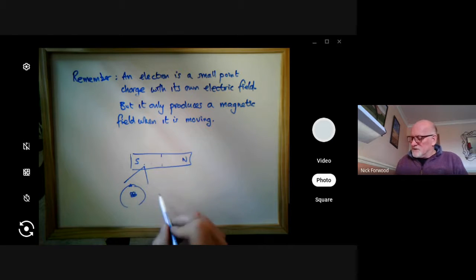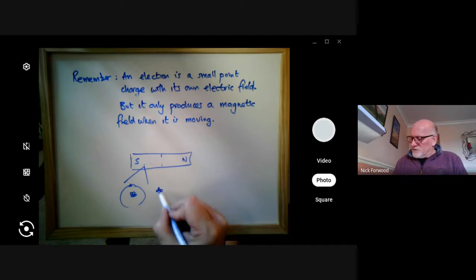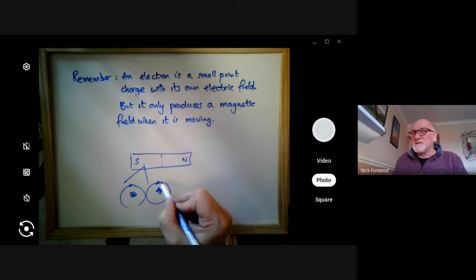But at the same time, if you were to zoom in at the particle next to it, there, you've got your nucleus. The electrons are in sync. They're moving in synchronous orbits.